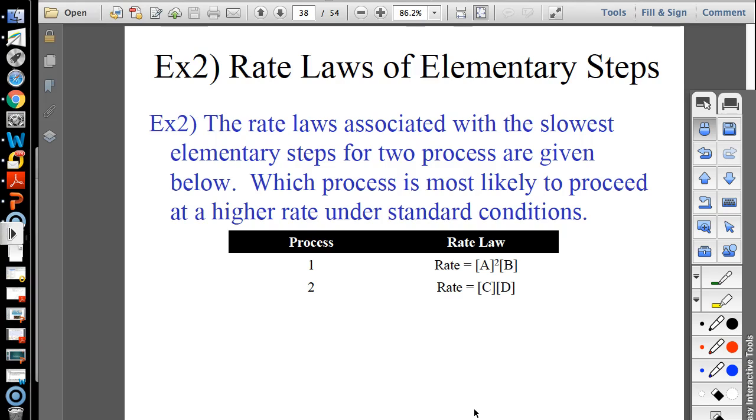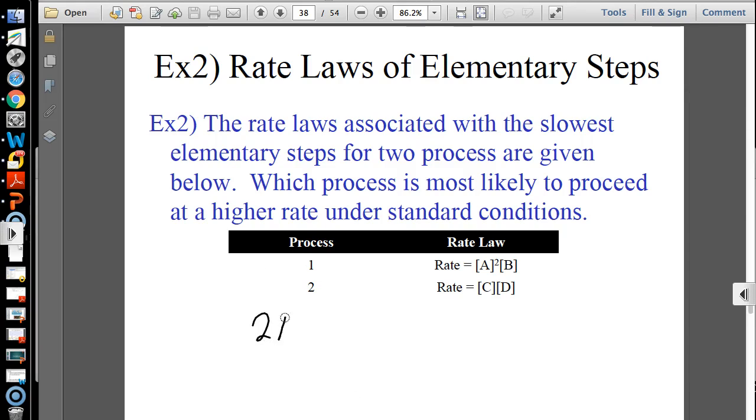If these are the slowest elementary steps, and I write the reactants for the slow step of process 1, it's going to be 2A plus B. So I have 3 particles that must collide correctly. The slowest elementary step for the second one is just C plus D. So that means only 2 blocks have to hit each other, versus 3 blocks. So the probability of that occurring is higher.